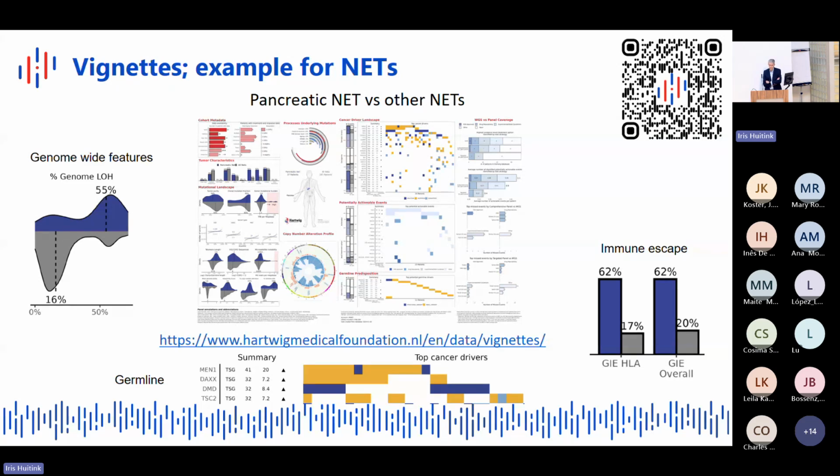And if that can work for AACR GENIE with 20 institutions from 6 countries, I'm wondering why it could not work for 18 labs in the Netherlands.